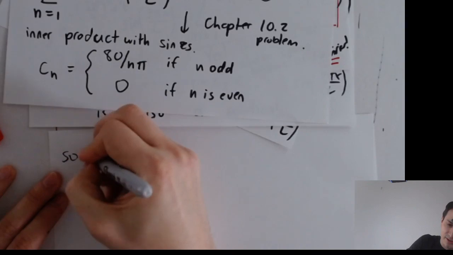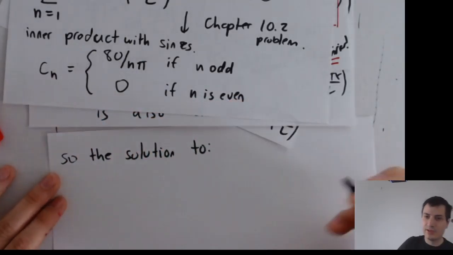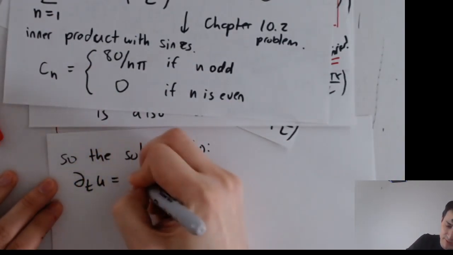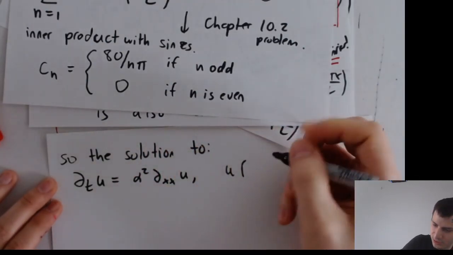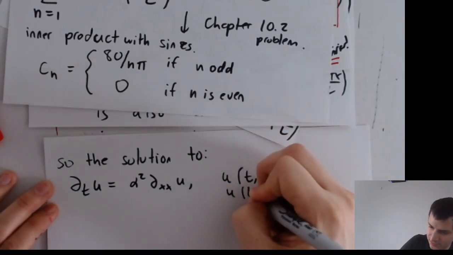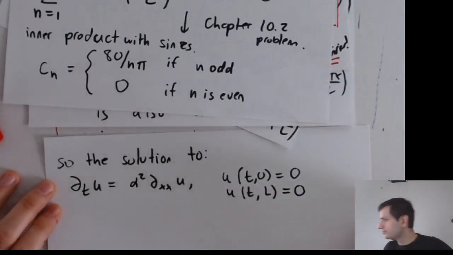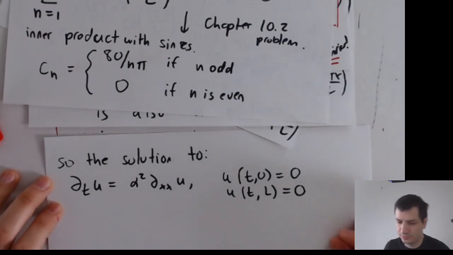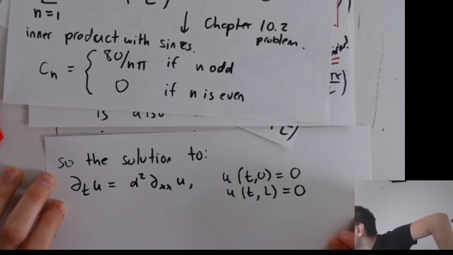Let's remind ourselves what the problem was. The problem was partial t u equals alpha squared partial x x u with boundary conditions u of t, 0 equals 0, u of t, L equals 0. What is the length? That's a good question. I might have goofed here with the length.